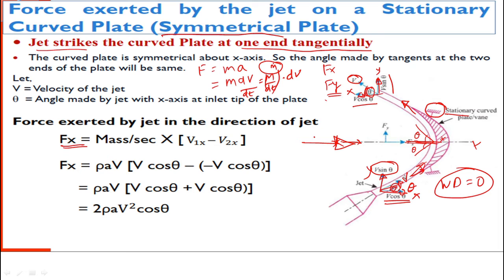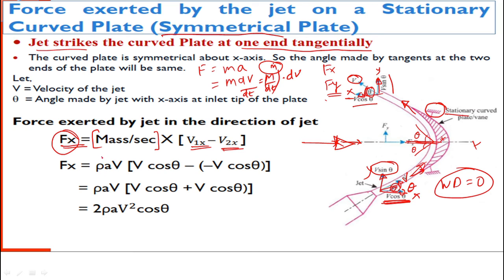Applying Newton's second law to this problem, we get mass flow rate into initial velocity v1x minus final velocity, that is inlet velocity minus outlet velocity. Here we are just considering the x-axis, so we consider the velocity in the x direction, that is V cos theta. Here also V cos theta, but the sign will be different. It will be minus because the direction is opposite.